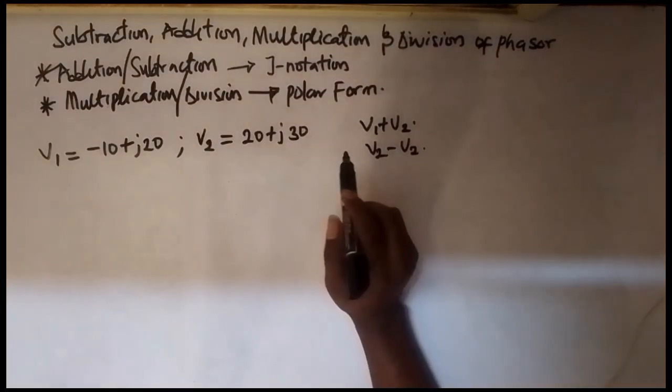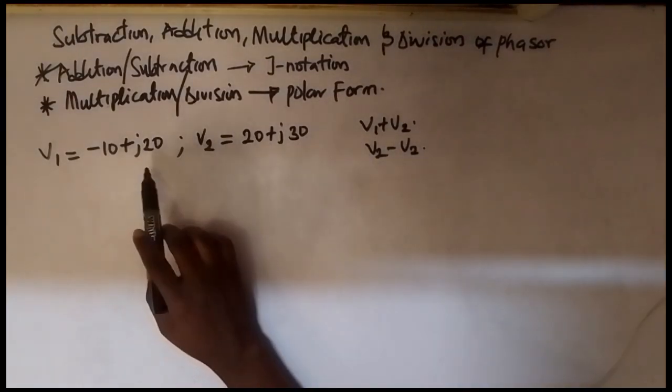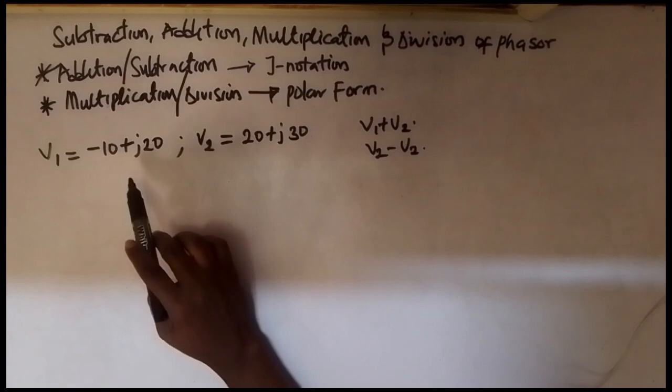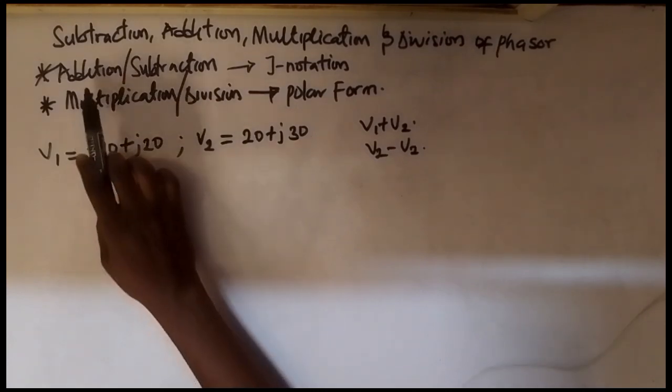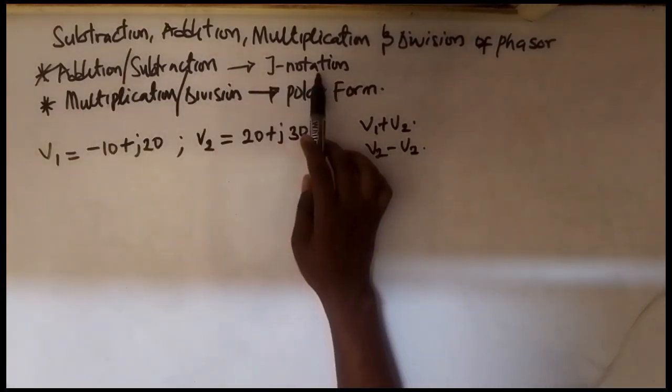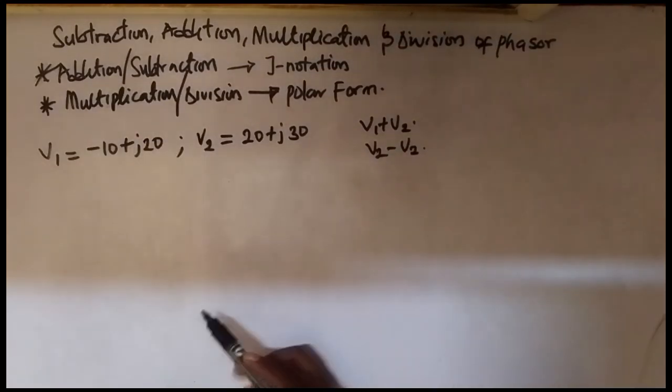So doing this, you can see that this is already in complex form, that is j notation, and we just said it's preferable that we leave them in j notation when we are performing addition or subtraction.